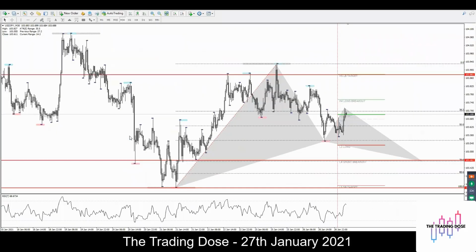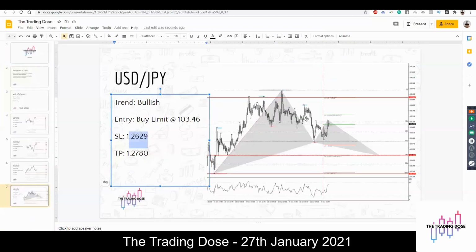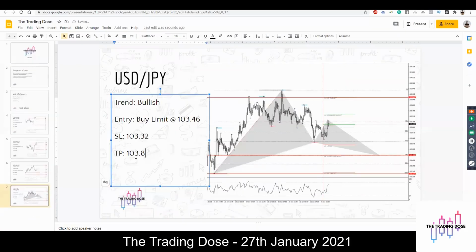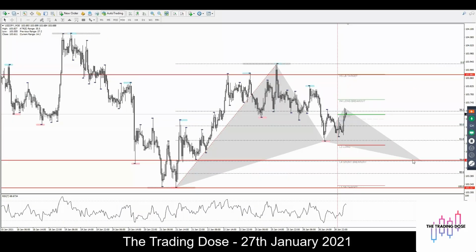The stop is going to go below 103.32, and take profit here is 103.88. Let me put that in as well. I think the stop is about 10 plus pips. Pretty tight stop.